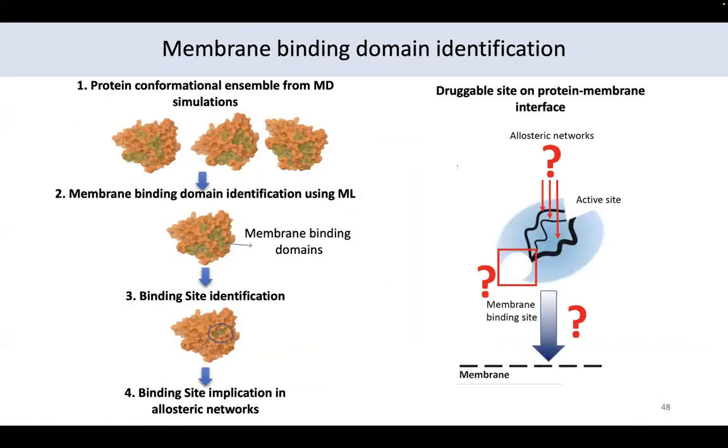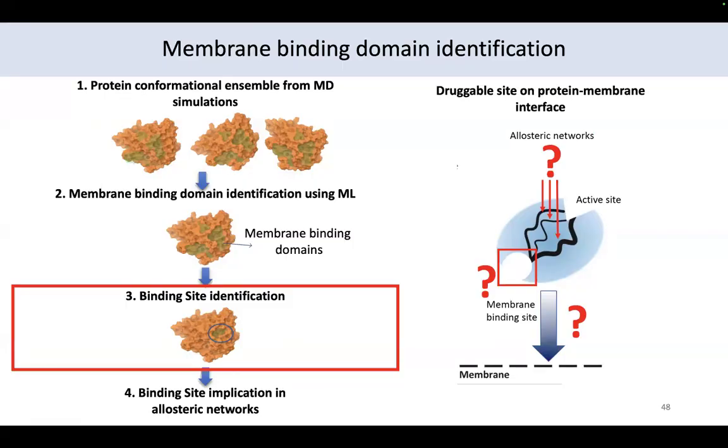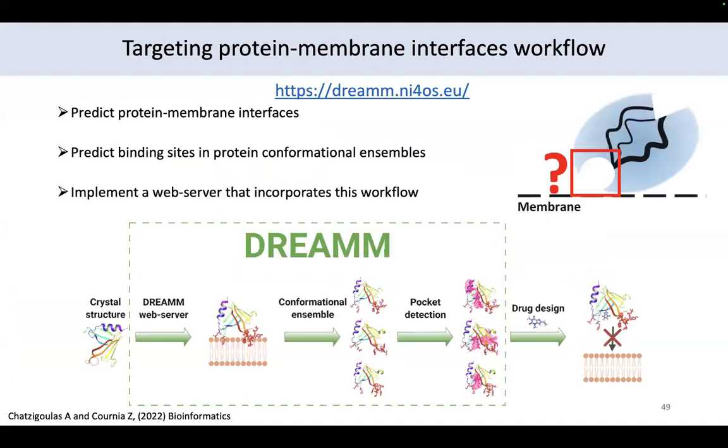We used these results to then proceed to the ultimate goal, which was drug discovery. For that, we need binding site identification at the protein membrane interface. To target the protein membrane interface, we created a workflow called DREAM. It is a web server that you can find here.